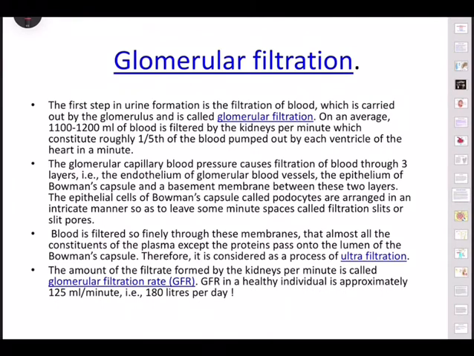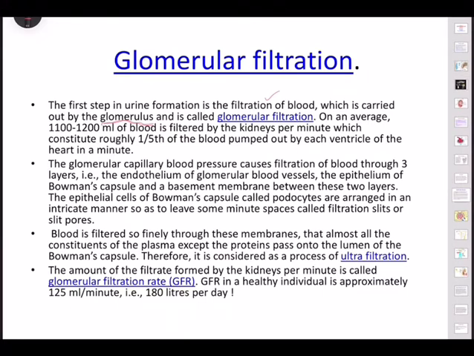Glomerular filtration. The first step in urine formation is the filtration of blood, which is carried out by the glomerulus. Remember the glomerulus, a network of arterioles, is present in the Bowman's capsule.